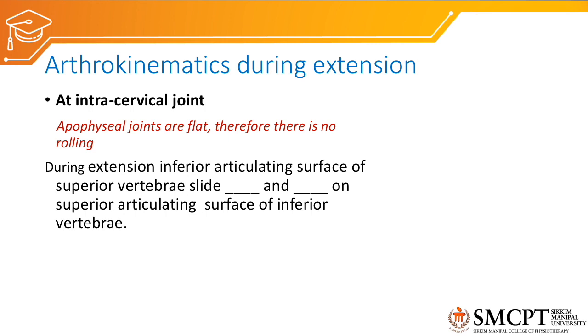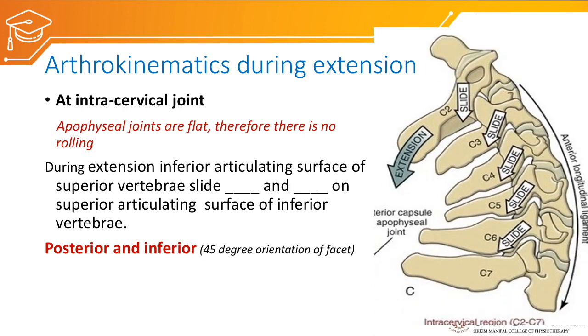So what is the answer? It is posterior and inferior. Why is there an addition of inferior? Because of the 45 degree orientation of the facets at the cervical region, which we have discussed in the general anatomy. This angulation of the facet with the horizontal plane is about 45 degrees.